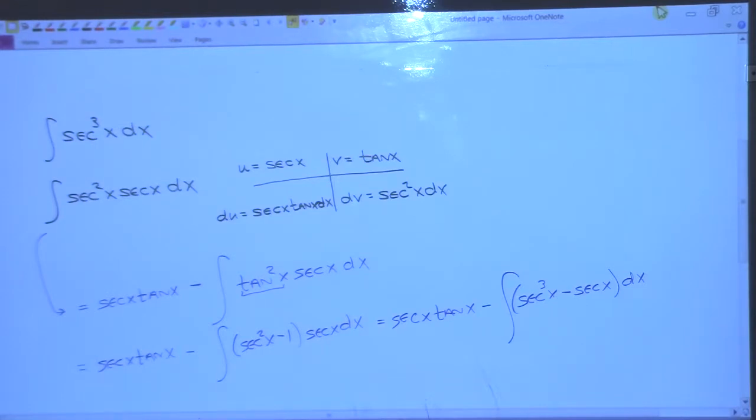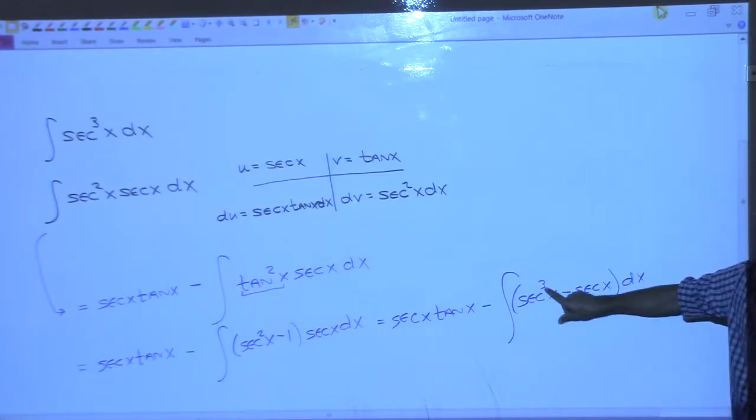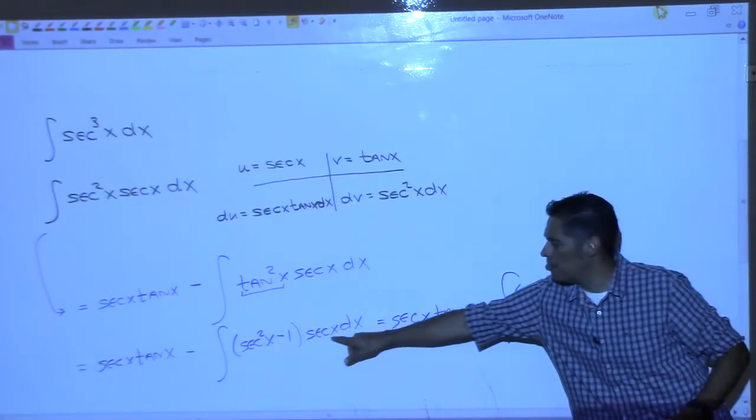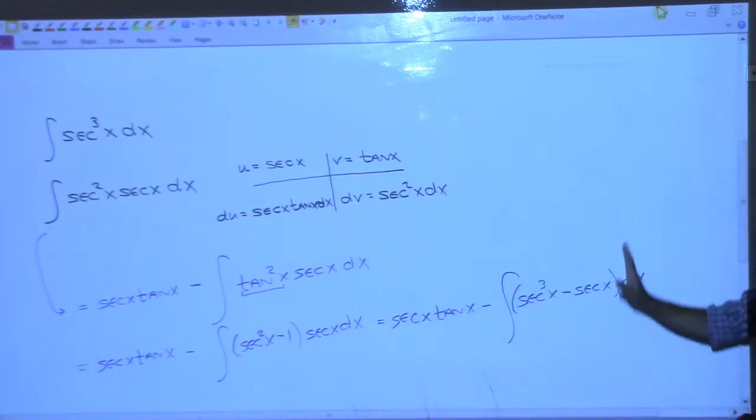Do y'all see it? What do you see? Seems like this is what we started with. Kind of, right? We were trying to do the antiderivative of secant cubed. You could factor out a secant maybe. Well, that would take us back to here, though. That's true. So wait a minute, hold on. Let me write this down.